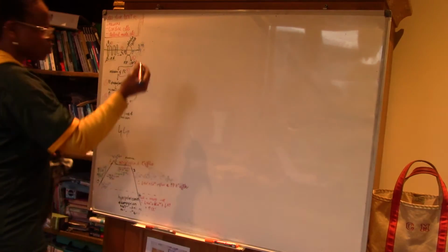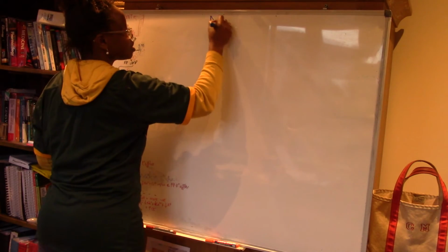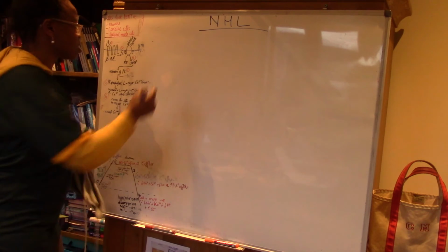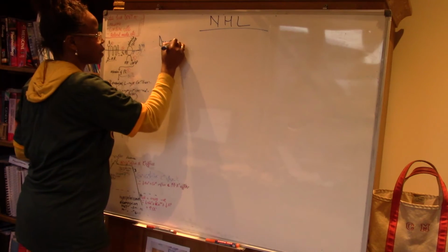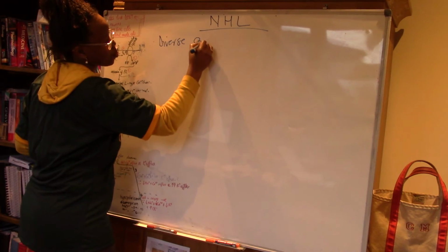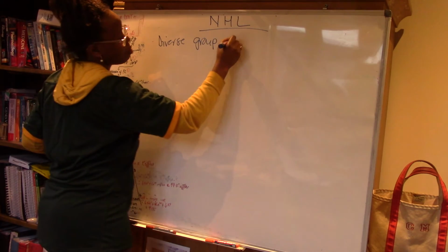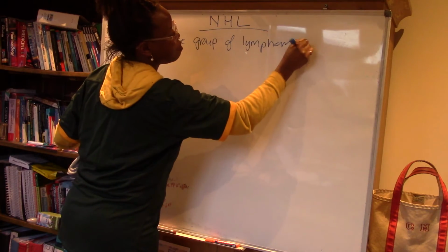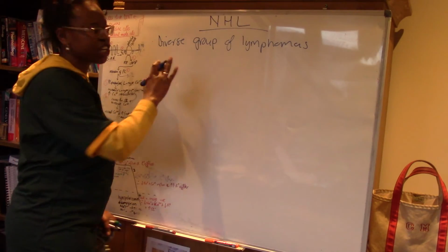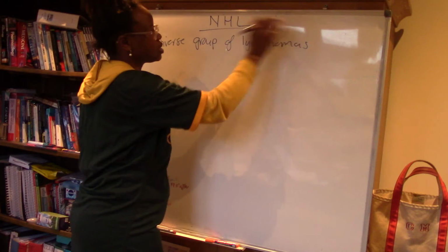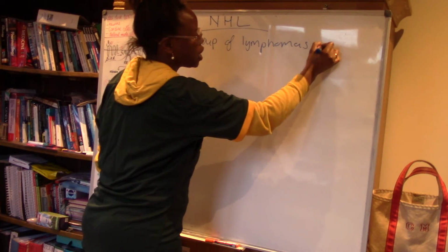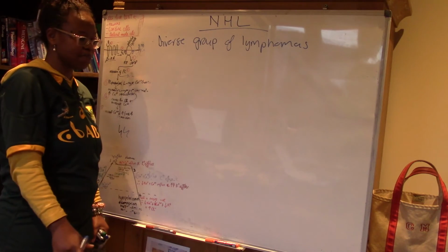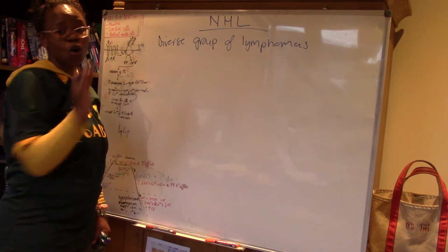And then in terms of the non-Hodgkin's, these are a diverse group of lymphomas that are not Hodgkin's, and are obviously not Hodgkin's because they do not have the Reed-Sternberg cell. Because if it has a Reed-Sternberg cell, it is a Hodgkin's.